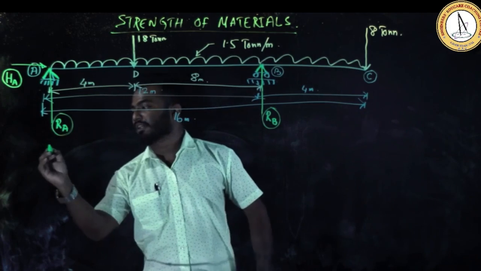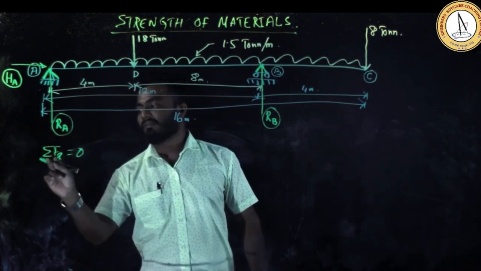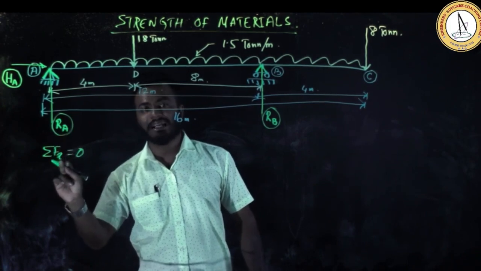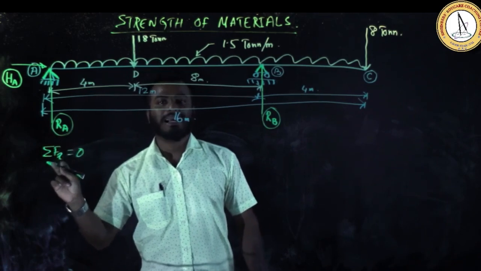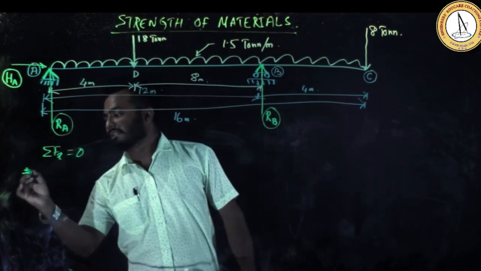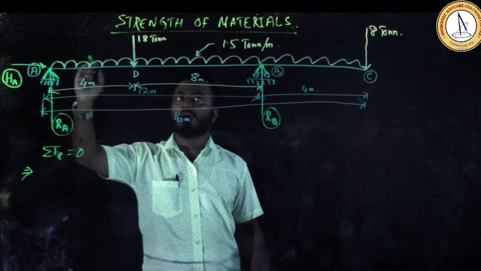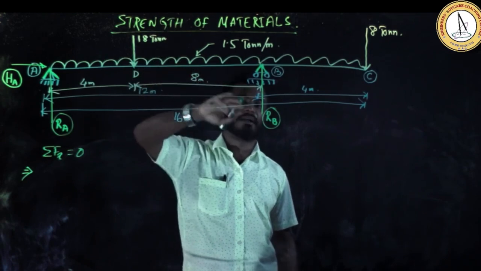So what was my first equilibrium equation? Summation of Fx is equal to 0. What does it mean? If I sum all the forces in the x direction of the given beam, all the forces need to be summed algebraically, and the resultant needs to be 0. Implies, if you look at the beam, what are the horizontal forces? This UDL is not horizontal, acting vertically.